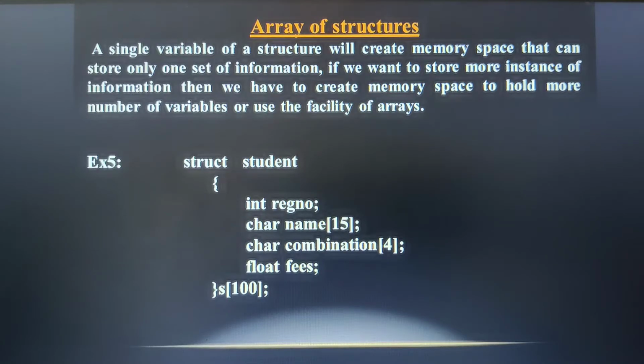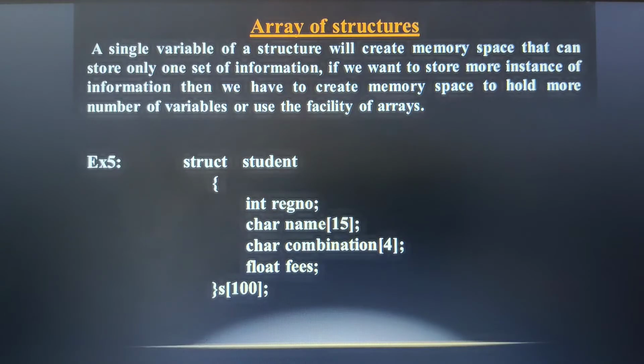What if I have to store more than one set of information? Then we should create more structure variables, or else we can make use of the concept known as arrays.